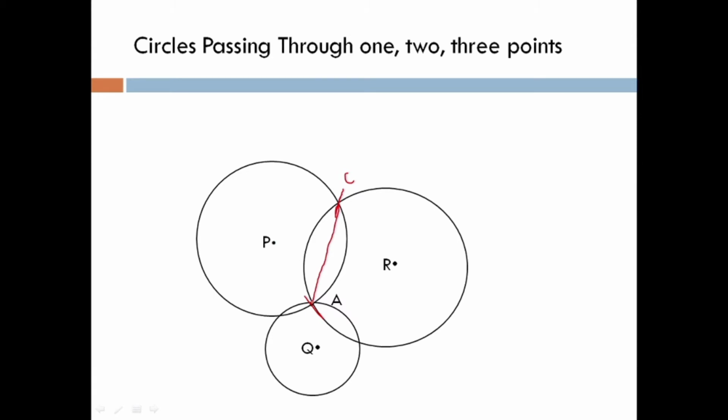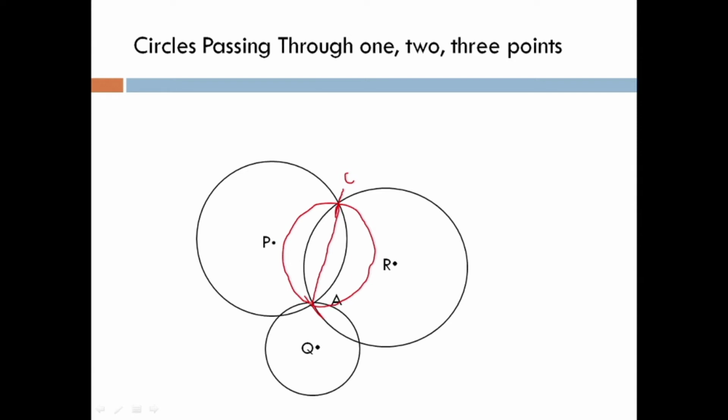How many circles can we draw through these points? If I say we can draw an infinite number of circles, is it possible? Just think, give it a think. Yes, it is possible, because if I assume this as the diameter, then I can draw a circle like this passing through these 2 points.